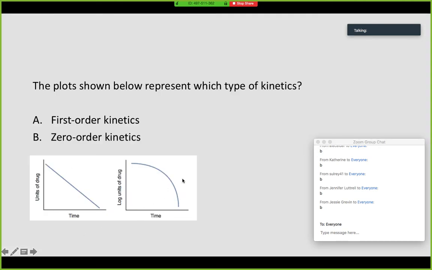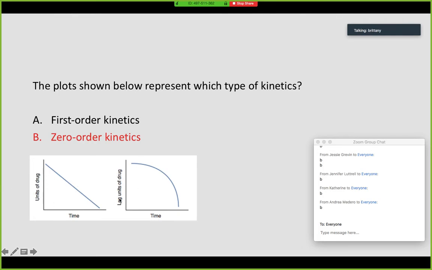Okay. The plots shown below represent which type of kinetics? First order or zero order? Right. This is zero order kinetics. So make sure on the exam tomorrow you check out the graph.